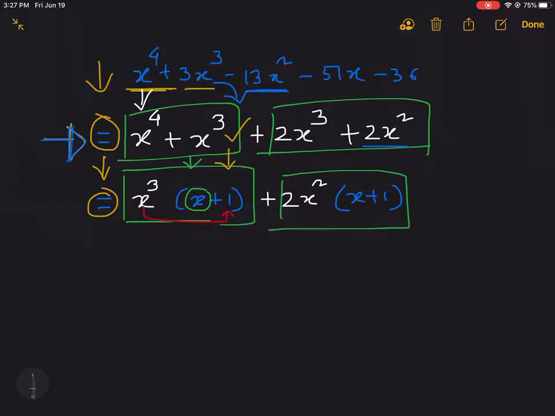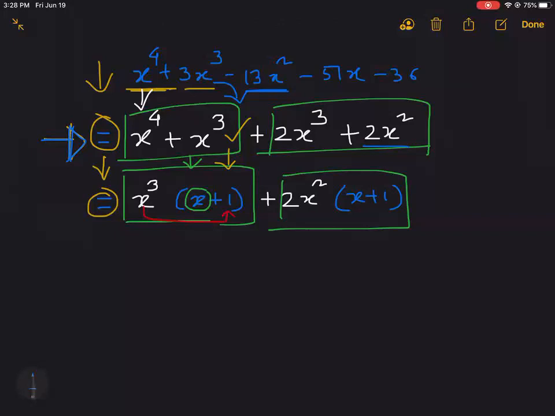I initially had negative 13x squared, but to form the pair, I have written 2x squared. Daria, you are almost right. Almost. Try again. Negative 15x squared. Exactly, yeah. Daria missed that x squared. I know she knows that, maybe she probably forgot to write the exponent.